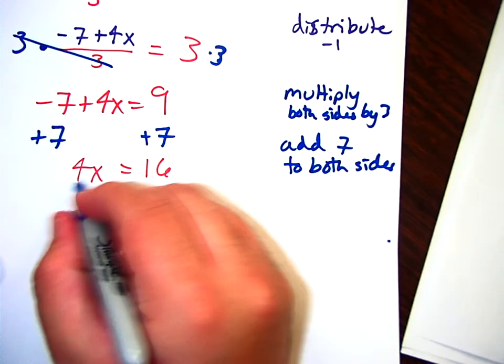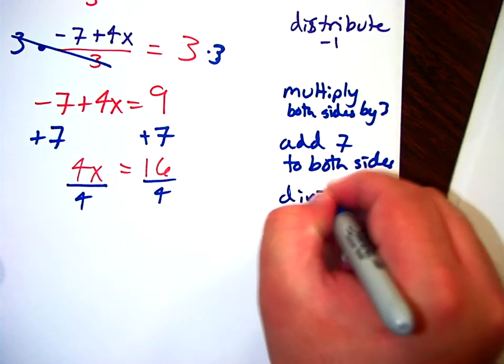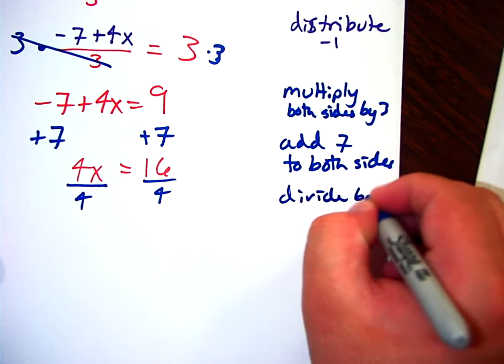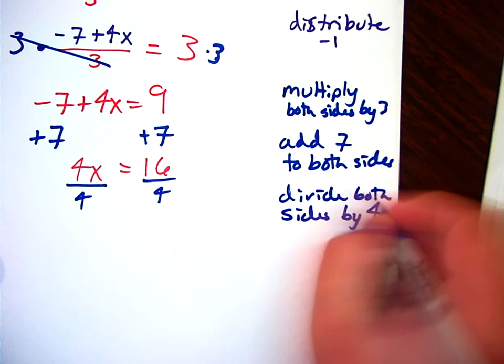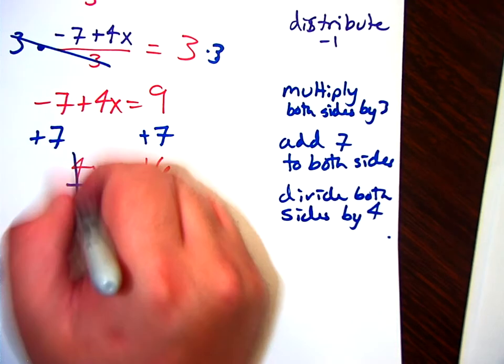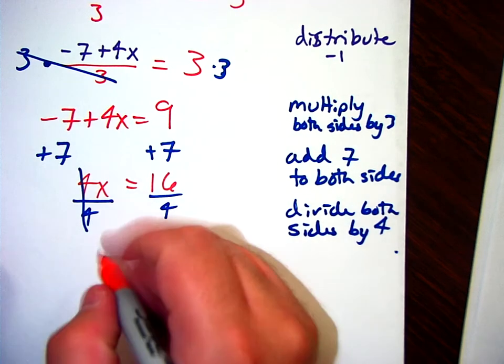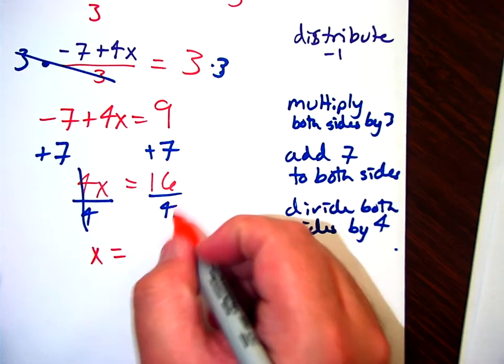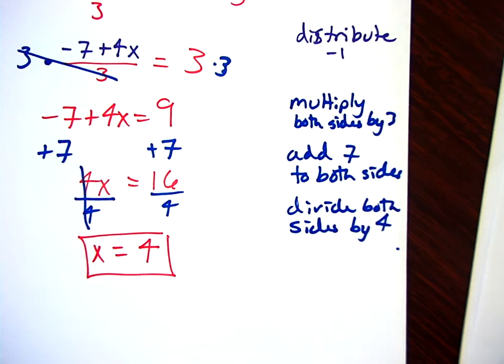And we're going to divide both sides by 4. So this 4 divided by 4 there is going to cancel out. We're going to have x equals 16 divided by 4 is 4. And there's my answer.